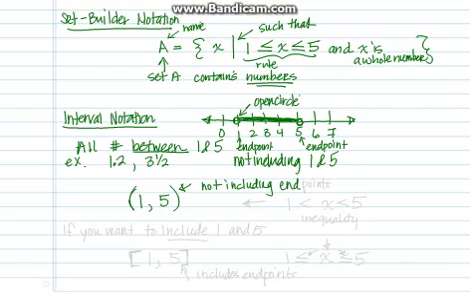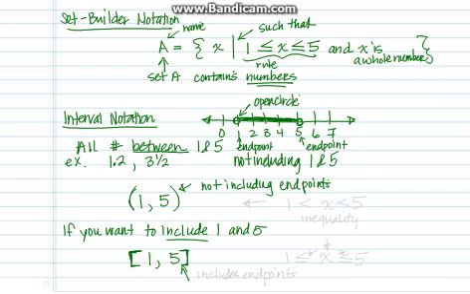If I did want to include endpoints, let's look at that set. If you want to include, in our case, 1 and 5, then I could write a little bracket to show it includes 1, and a bracket on the right to say that it includes 5.